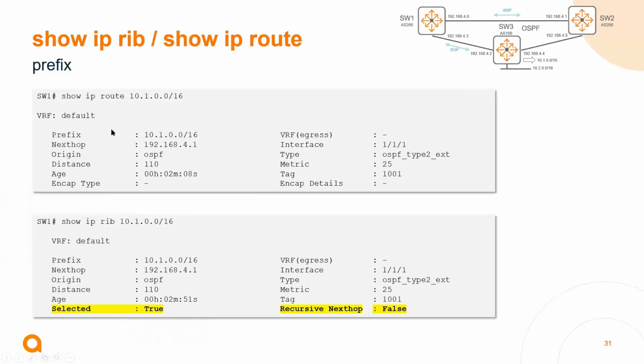The difference between show IP route and show IP RIB for a given prefix is whether the route is selected. So you have that information: selected true or false. And you have as well if you need to do a recursive next hop lookup to find the interface.